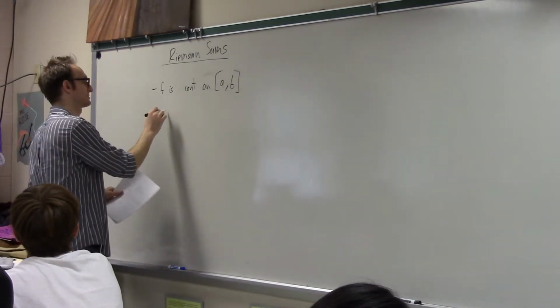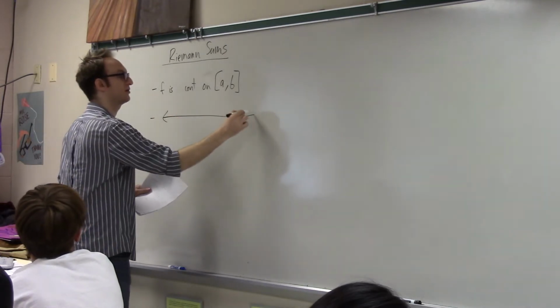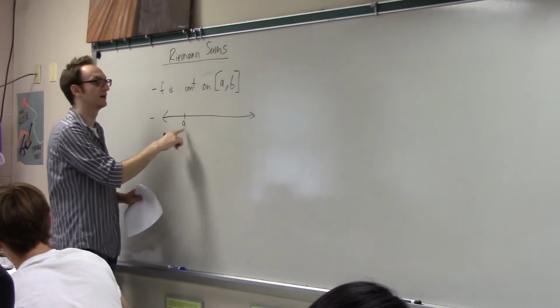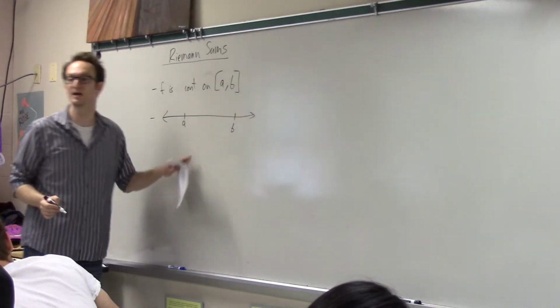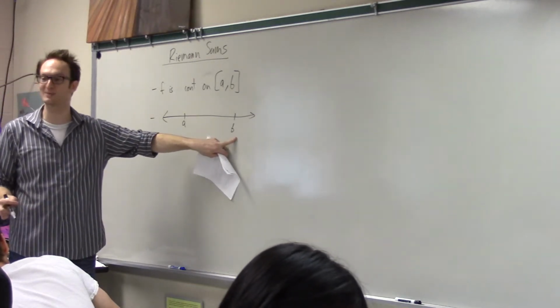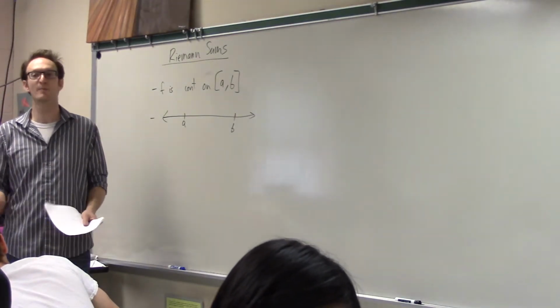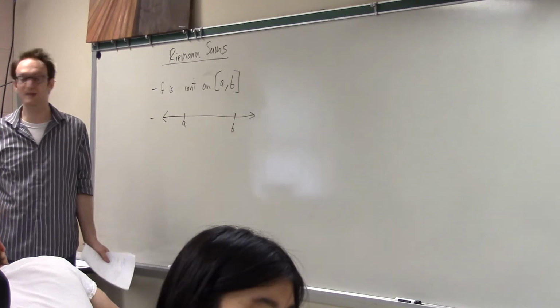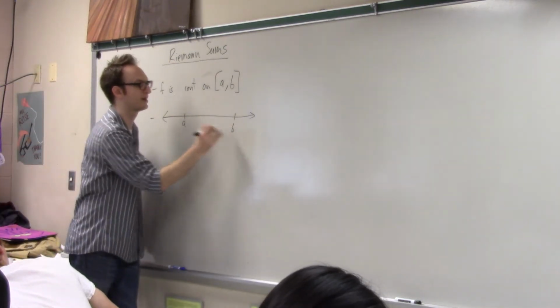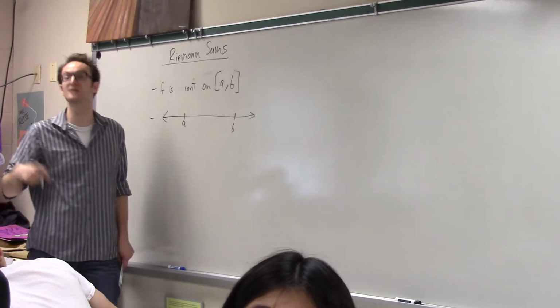Watch this. I am going to take the number line, take a, the left endpoint of my interval, and b, the right endpoint of the interval. And what I'll now do is perform a partition. A partition is simply a way of splitting up the interval from a to b into subintervals.